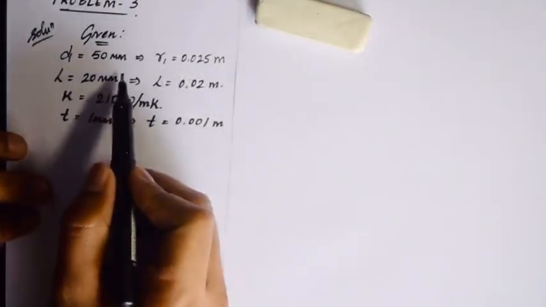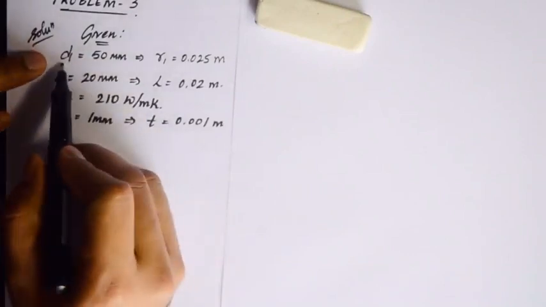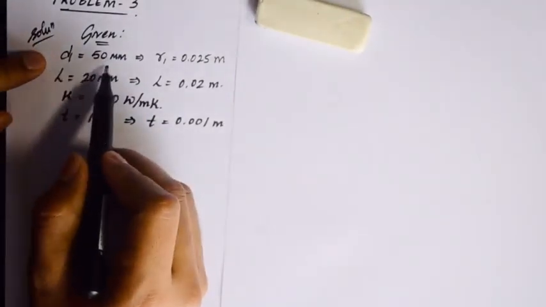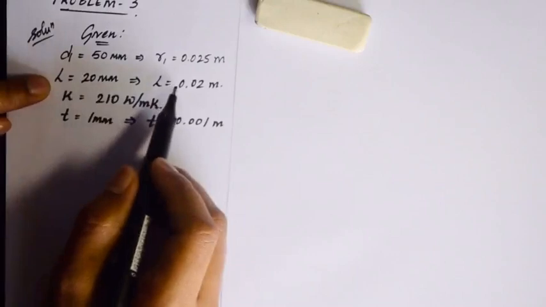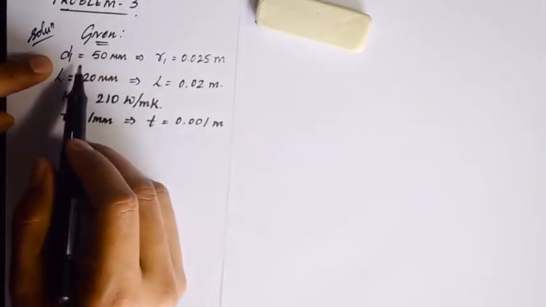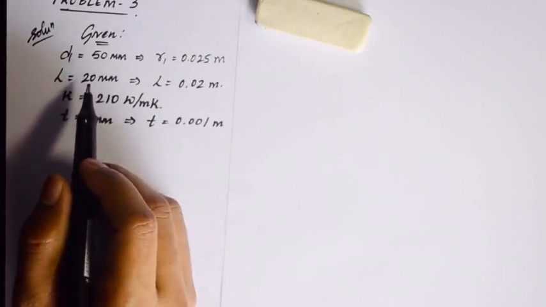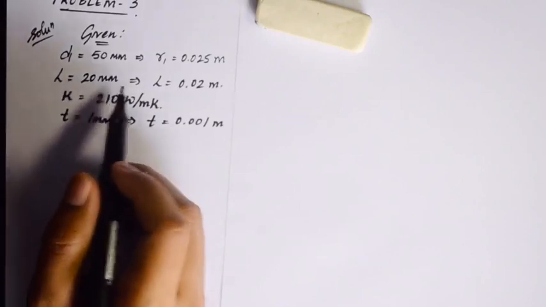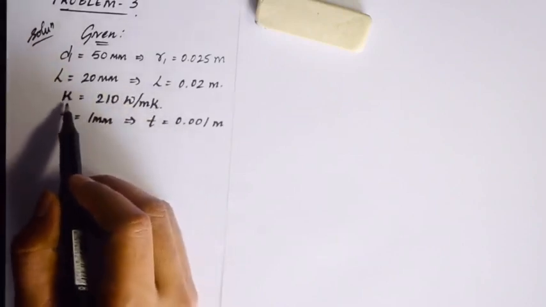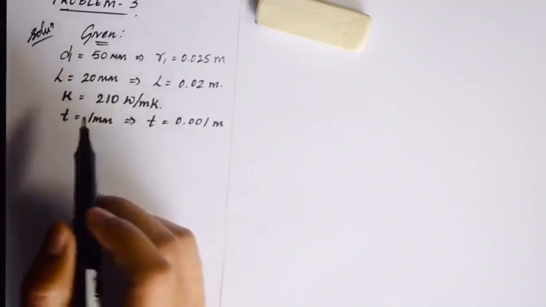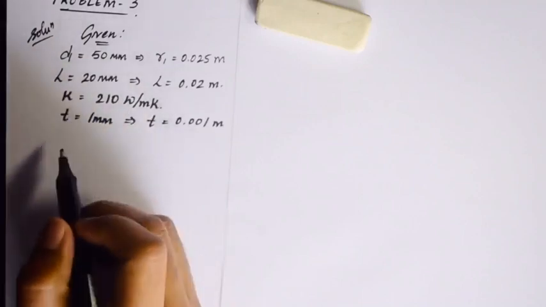These are the data as known from the question in the beginning. We have a pipe of 50 mm diameter and the length of fin is given as 20 millimeters. See that this type of fin, what is given here, is called a circumferential fin. We'll understand what is circumferential fin with the help of a sketch shortly. The thermal conductivity of the fin material is given and also the thickness of the fin is given.